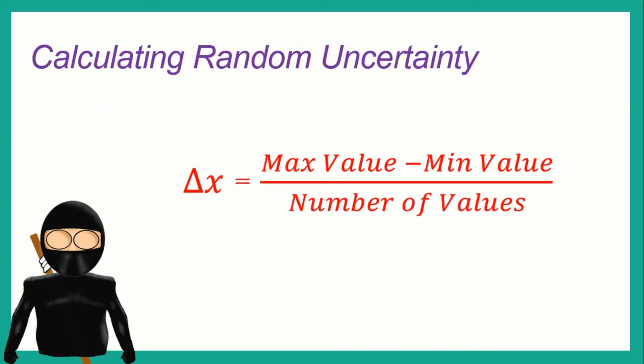To calculate a random uncertainty, we use this equation here. Delta x equals the max value minus the minimum value divided by the number of values. Don't be too concerned about delta x. The Greek letter delta is often used to indicate an uncertainty or a change in some value, x in this case.